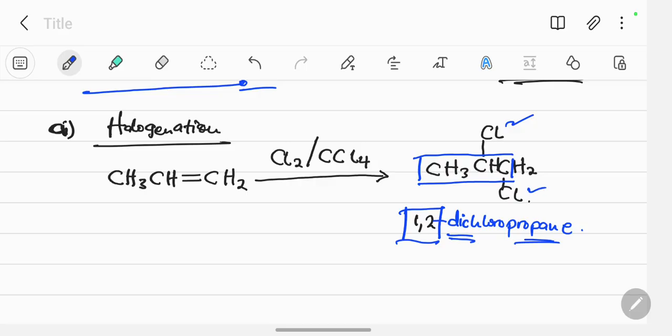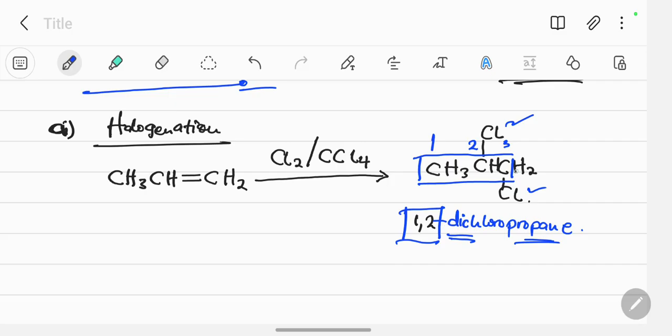Try to pick the position that gives the least number. If someone starts counting from this side, 1, 2, 3, you may end up with 2,3-dichloropropane. 2 and 3, when you add them, give you 5.